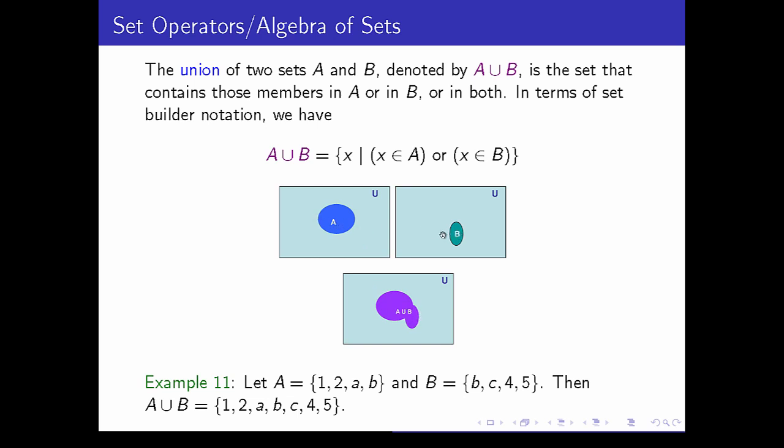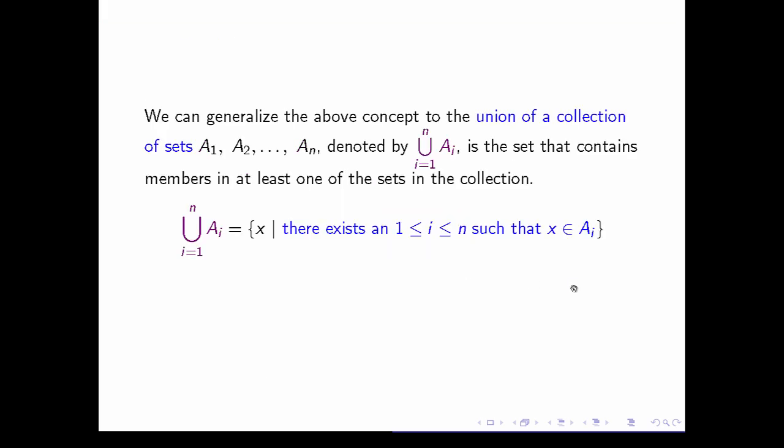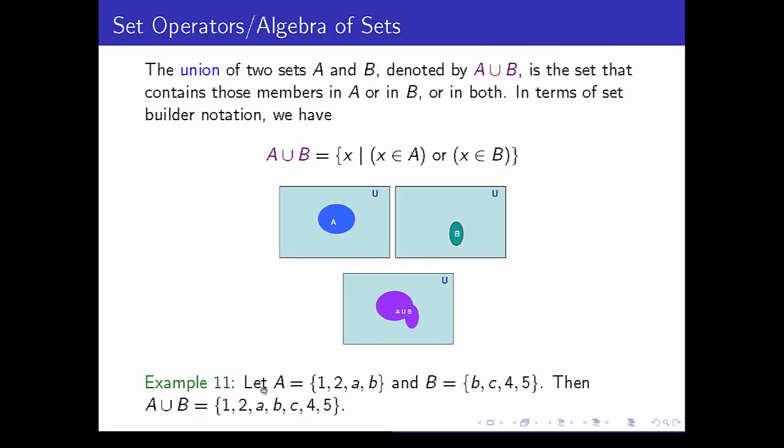It contains all the members from A and B. Let's take a look at this example. We have set A containing 4 members, 1, 2, a, b, while set B contains b, c, 4, and 5. Then the union will be 1, 2, a, b, c, 4, and 5. The b is common between A and B, and it's only listed once.